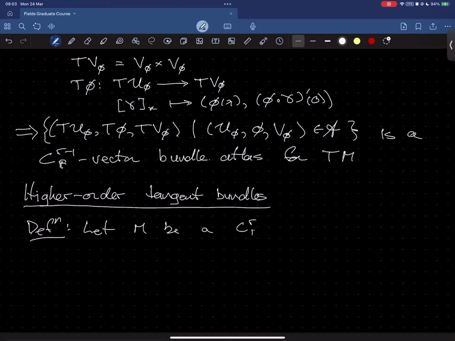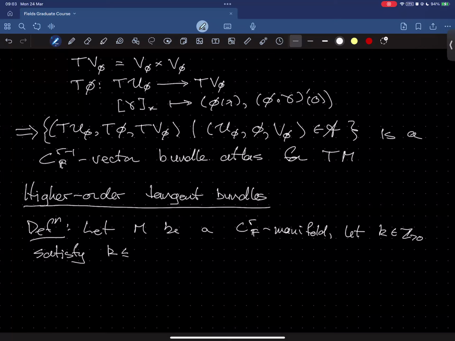So we have a manifold. We're going to choose now a k. k is going to be the order, and k will be less than or equal to r, which will be a positive integer.